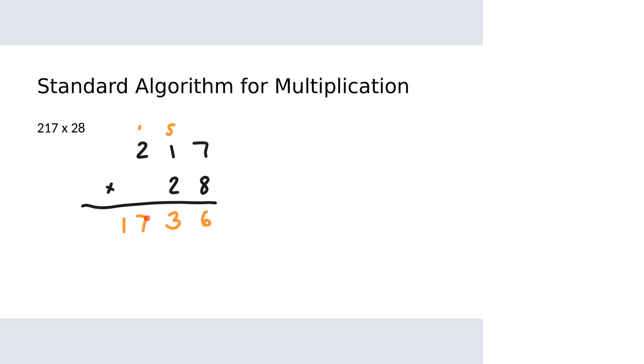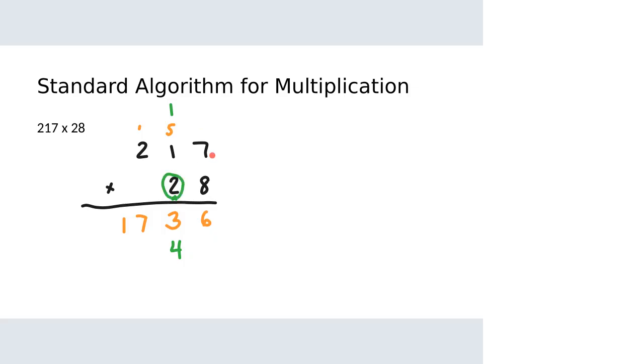Then we move over, and here we have 2 times 7, keeping in mind that this is in the tens place. So really what we're multiplying here is 20 times 7. When we do 2 times 7, we get 14, and we're putting a 4 here, and a 1 up top in this column. But one thing I want to emphasize briefly, and we'll get back to it, is the reason that this 4 goes in the tens column is because of what we're actually multiplying here.